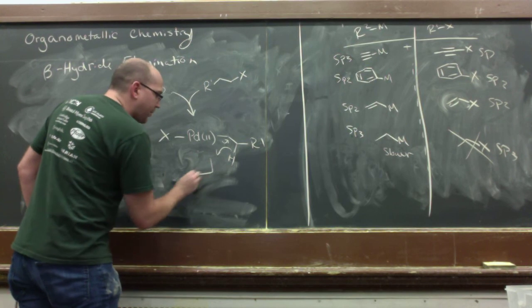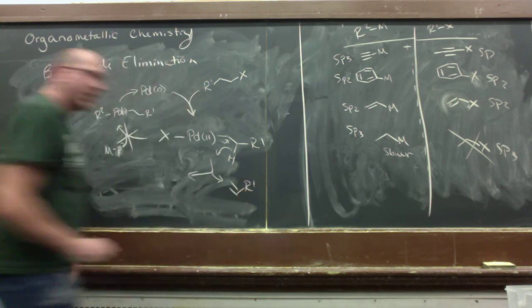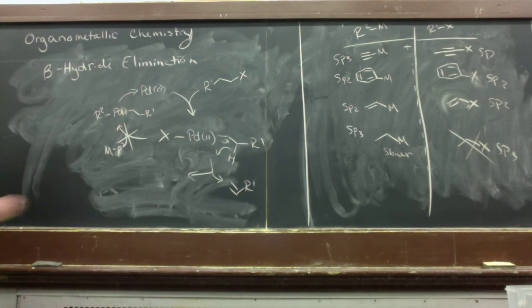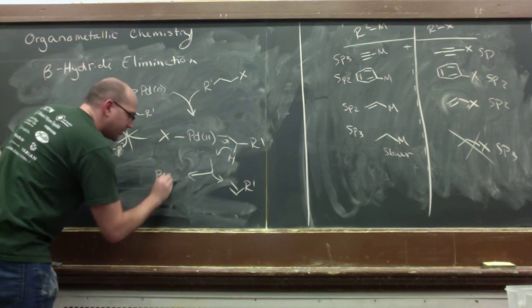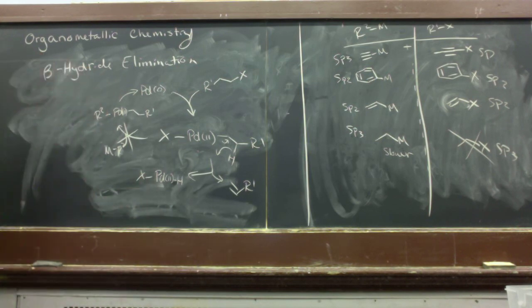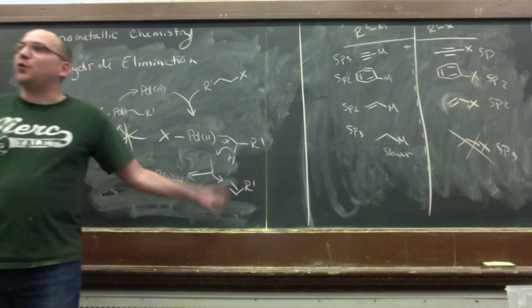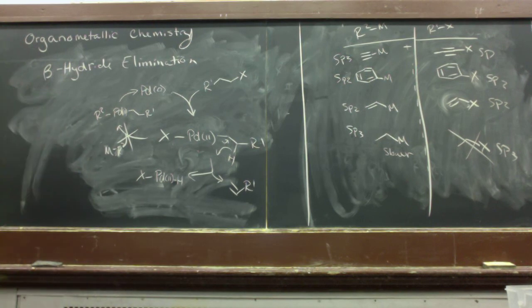So what will happen is you will get an alkene, as well as the palladium hydride source. Right? And then again, you can imagine that undergoing reductive elimination to generate HCl or something like that. But again, this is not going to be productive, and then suddenly the reverse of this becomes very difficult often.